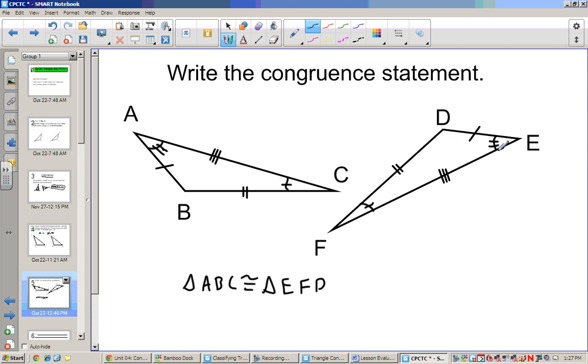A matches up with E. C matches up with F. That's a mistake on my part. C matches up with F. So B is going to match up with D. So it's EDF. I made a mistake. Hopefully you caught it. If not, hopefully I didn't mess you up. These just have to match up.